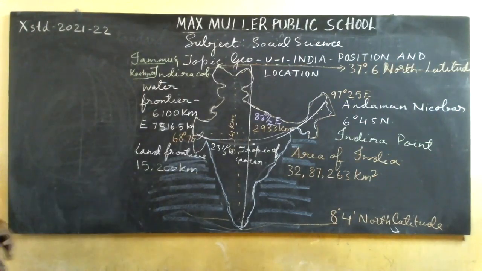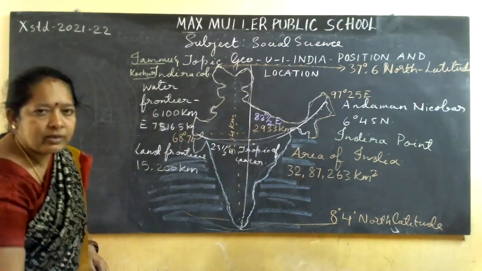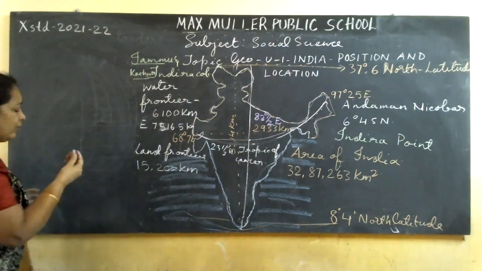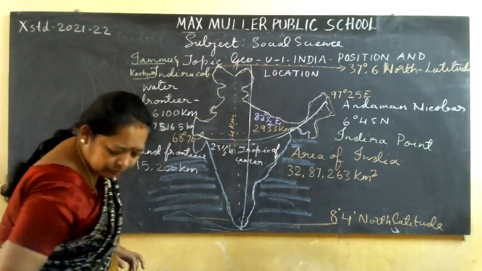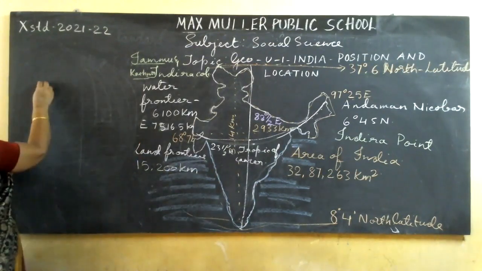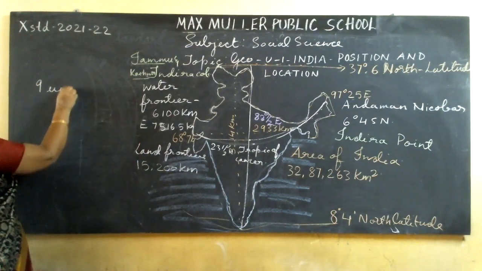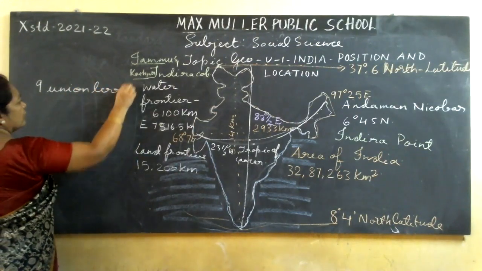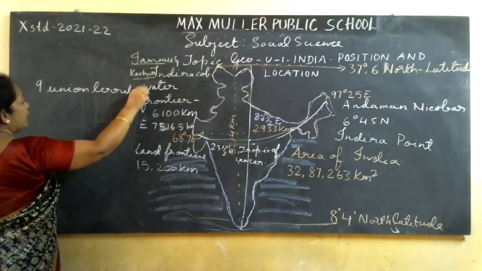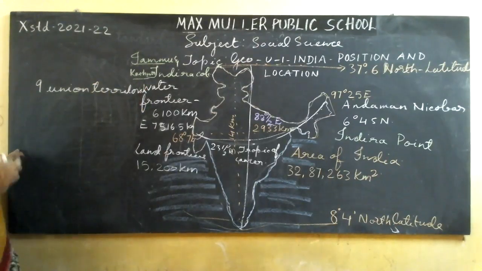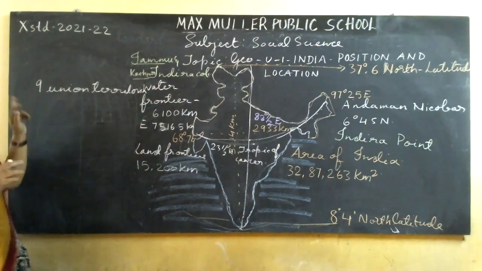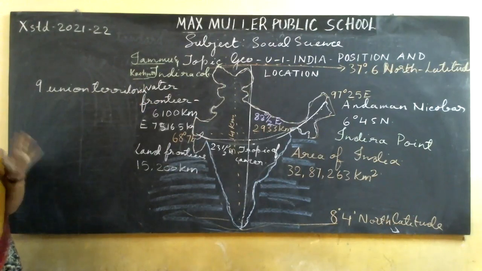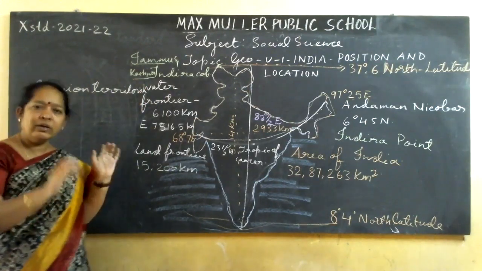We have 9 union territories. Actually, we first had 7 union territories, but after the amendment of Article 370, Jammu and Kashmir and Ladakh have also been included.